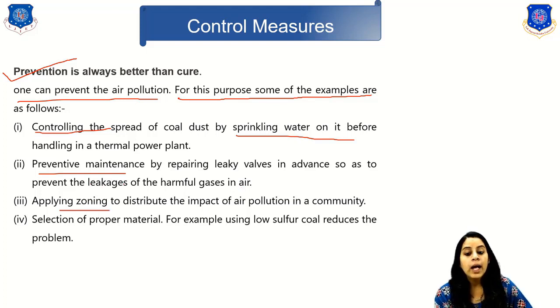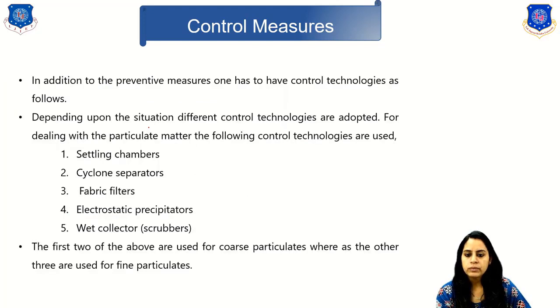Then applying zoning to distribute the impact of air pollution in the community. The last one is selection of proper material, for example using low sulfur coal, which reduces the problem, right? So this is the control measure, and the saying is fulfilled: prevention is always better than cure, right?